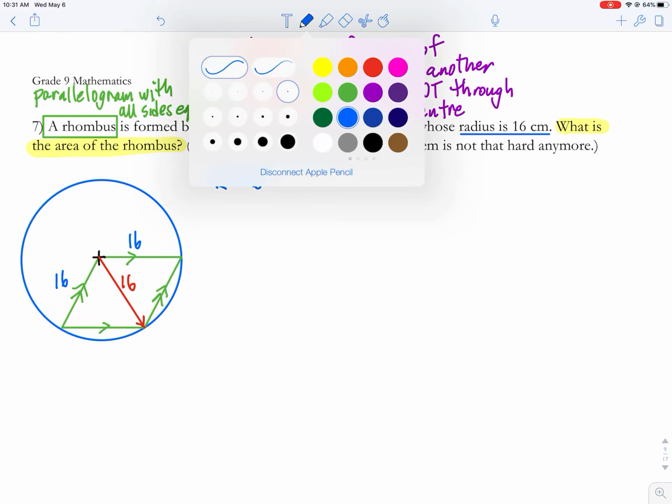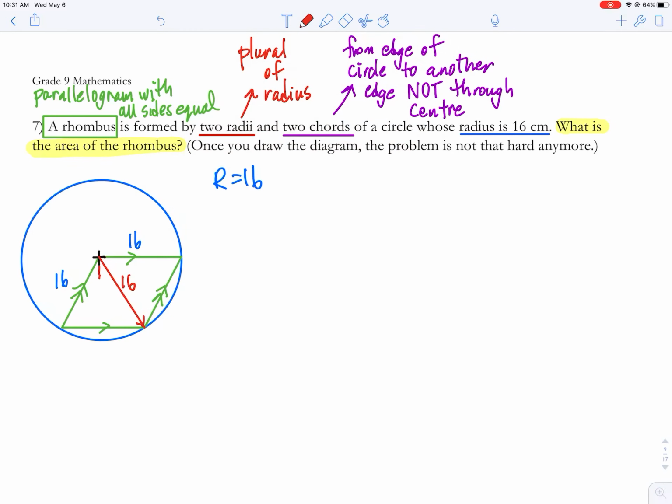If we could figure out the height of that triangle, we could figure out the area of the rhombus, because the area of a rhombus is going to be like the area of a parallelogram. So it's going to be like base times height. We know the base is going to be 16, but we don't know what the height is, so we're going to figure that out.